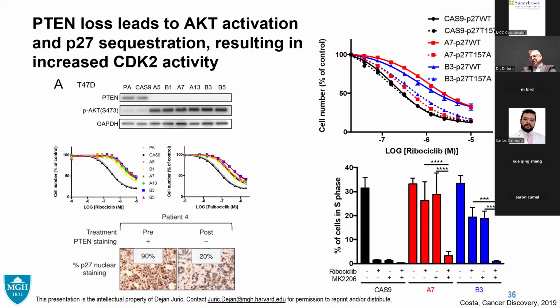Through connections that I'm not going to belabor here, what's actually happening is when you have PTEN loss, AKT gets activated, and then an important regulator of cell cycle machinery, P27, gets sequestered in the cytoplasm, and that results in CDK2 activation. Remember, you're using a CDK4/6 inhibitor. Now this alteration drives CDK2. So again, the tumor is shifting from 4/6 to 2.